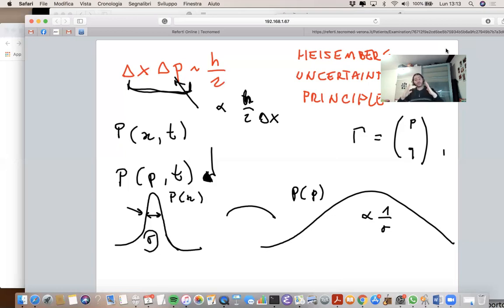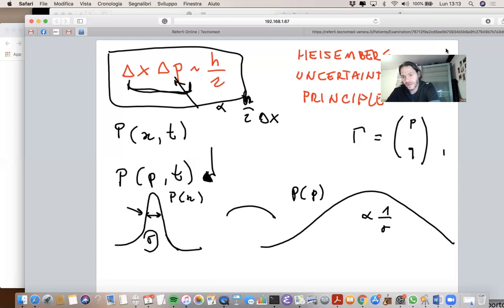And vice versa, if we know very accurately the momentum, I want some mathematics to tell me that the corresponding probability in position space must be very broad and therefore carry very little information. And the way quantum mechanics encodes this very specific information into its formalism is through the concept of Fourier transformation.